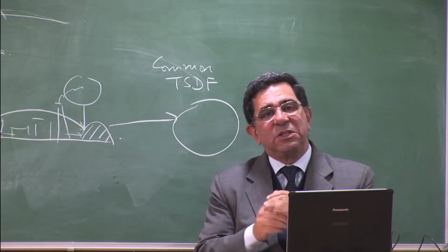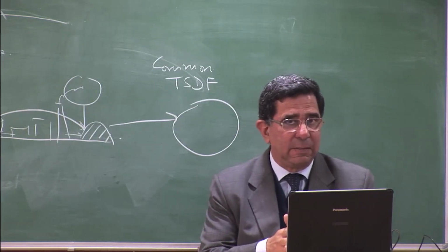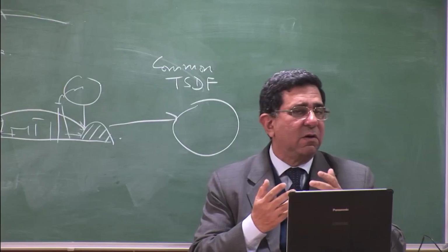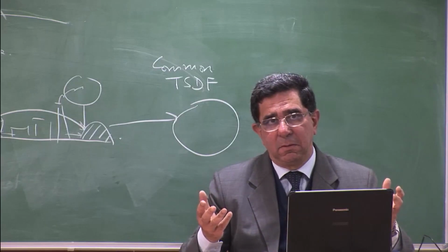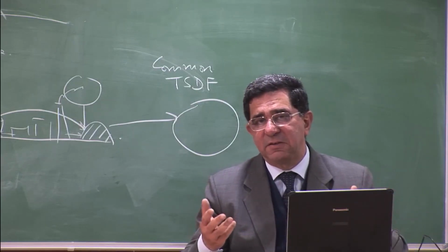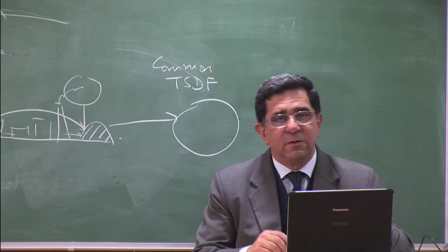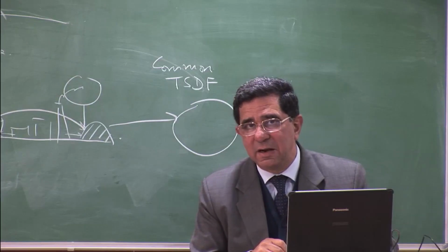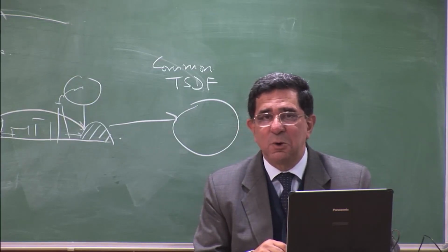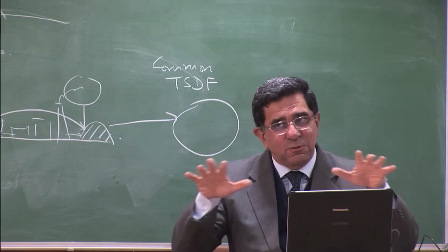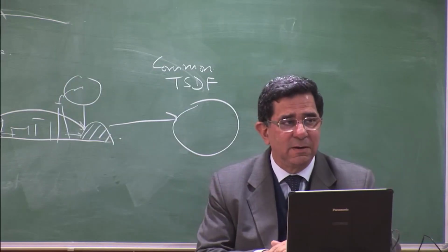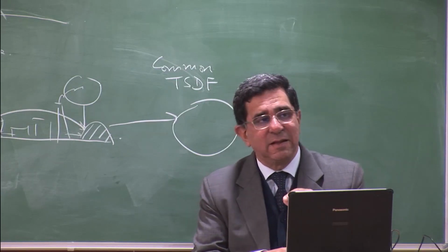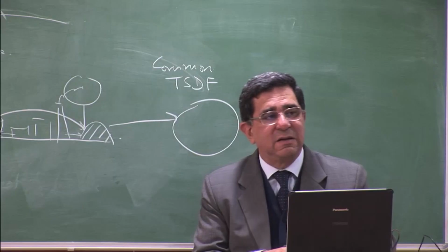The other source, which is a diffuse source, please understand, is agriculture. Diffuse means because we apply fertilizers, soil amendments, pesticides to a large area. As long as these are within limits, that means there is no excess fertilizer, no excess soil amendments, and no excess pesticides, they are supposed to remain on the crops and within the boundary. But unfortunately, we are not able to regulate whether this is within the limits or exceeding limits.